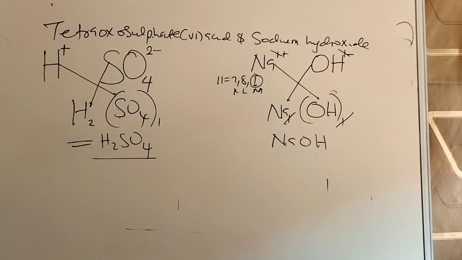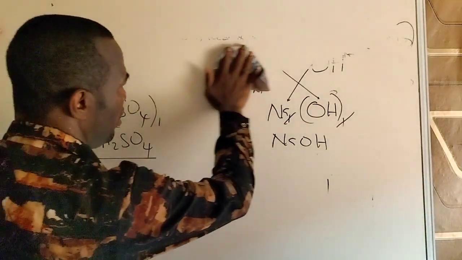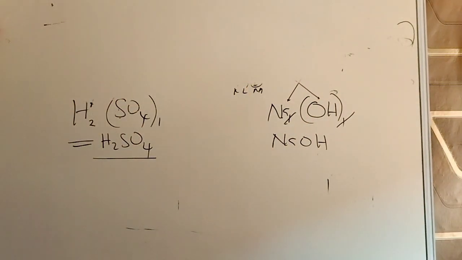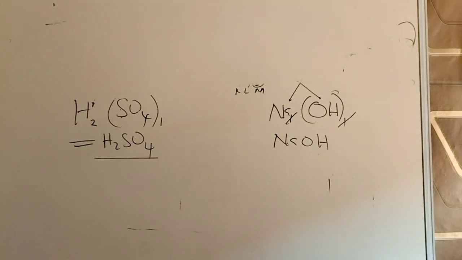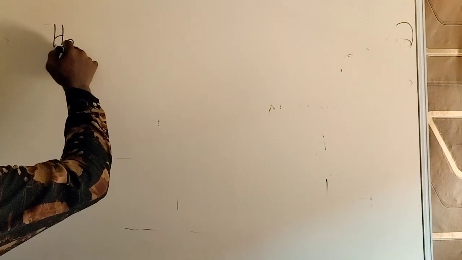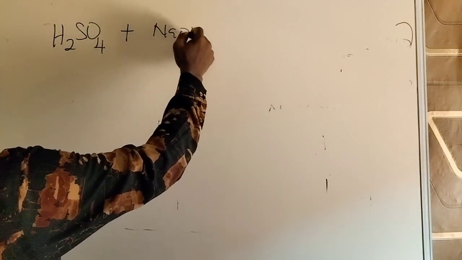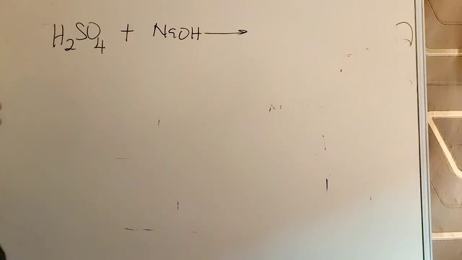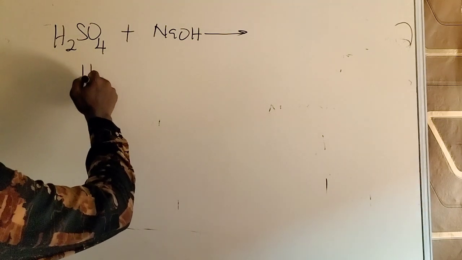So having obtained the right formulas, we can now go to write the equation of the reaction between the two of them. To write the equation, we have H2SO4 plus NaOH. Draw your arrow. Next, you split them into ions. How do you split them into ions? Remove hydrogen.